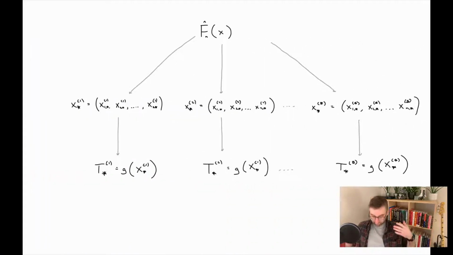So this diagram should look incredibly familiar. Basically, all we've done is replaced f with f hat, and then a few notational differences, like basically stars, just to indicate that these aren't samples from the original distribution, but samples from the empirical distribution. That is, they're bootstrap resamples. So again, this here is the empirical distribution.